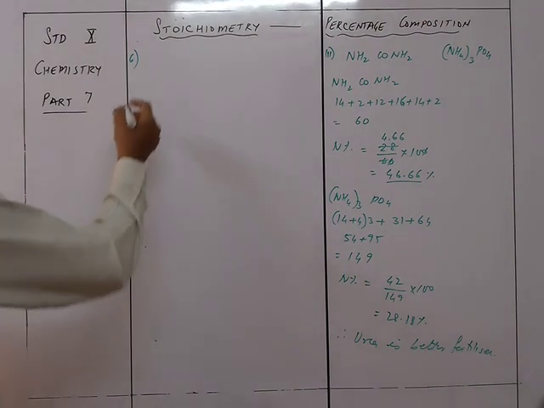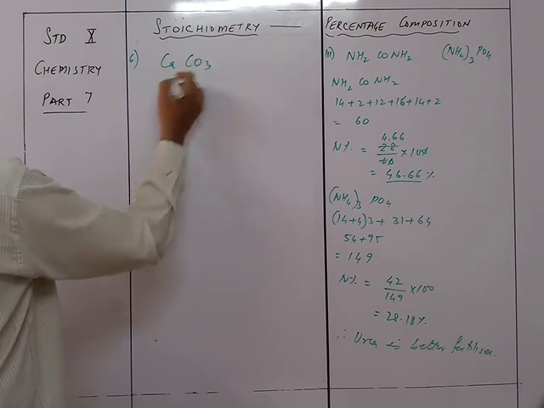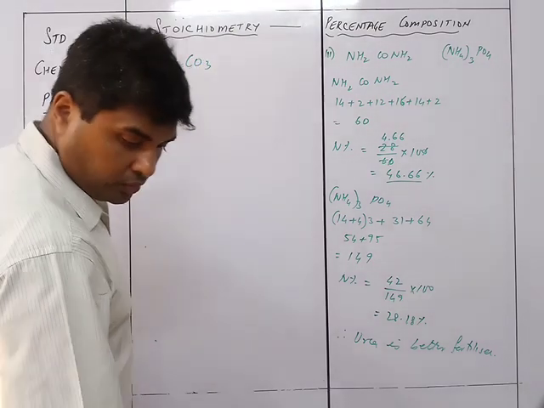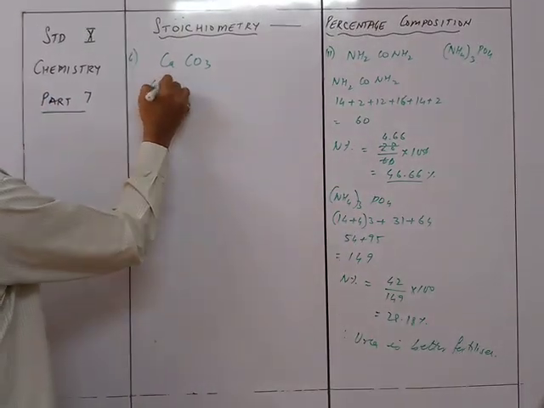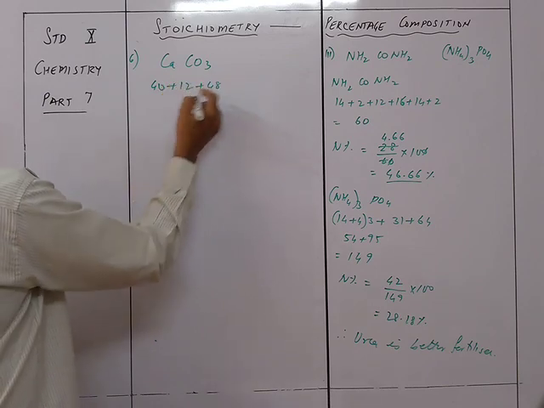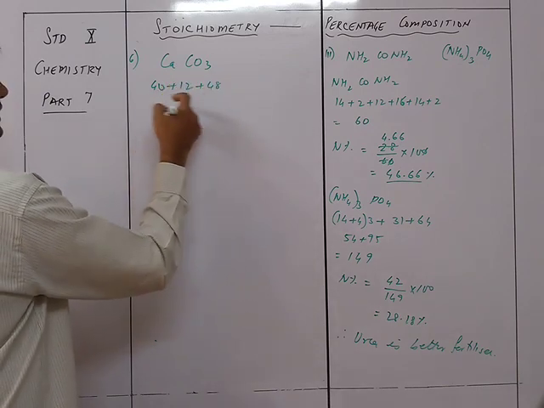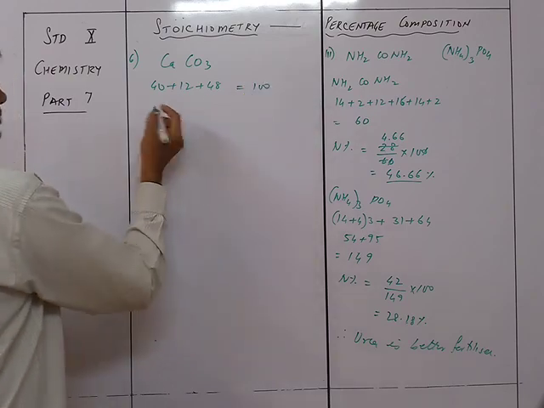When it is 100% pure, CaCO3 is 40 plus 12 plus 48, which is exactly 100. So it's easier.